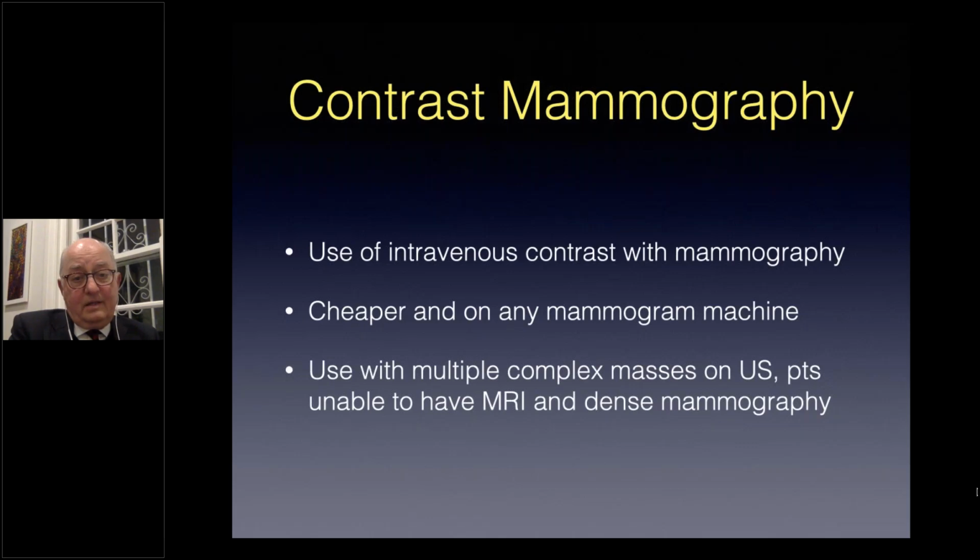It is cheaper, and in some ways it's rebatable. It only requires a regular mammogram machine. And we use this with multiple complex masses, which are seen on ultrasound, or even patients who would like to do an MRI or have an MRI performed and can't for various reasons.